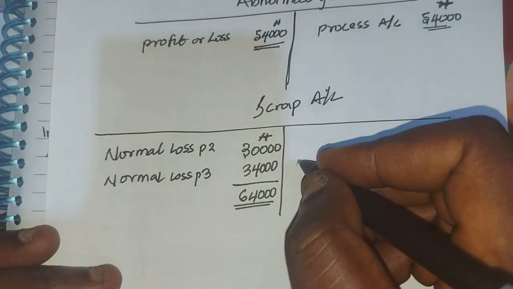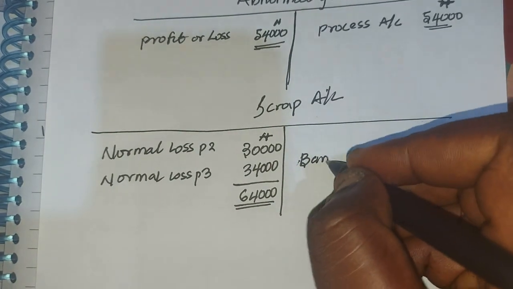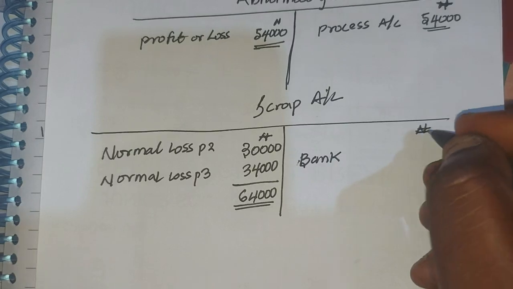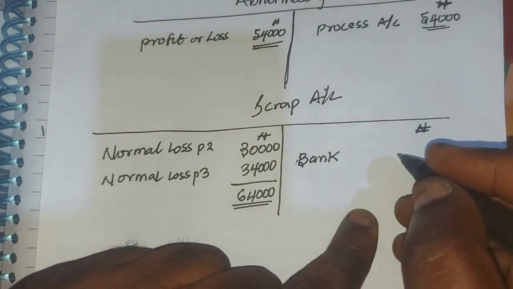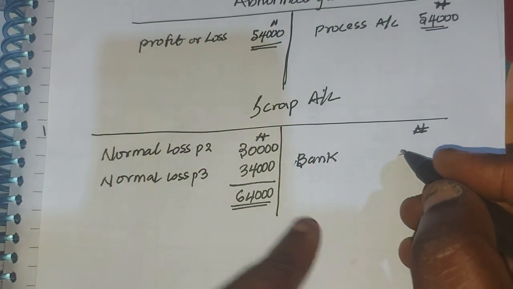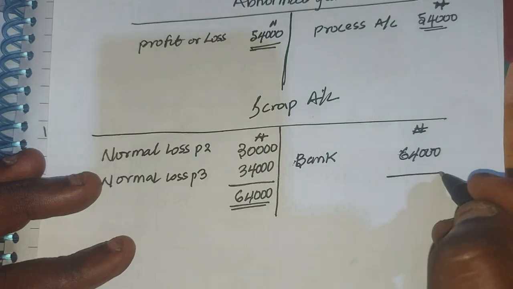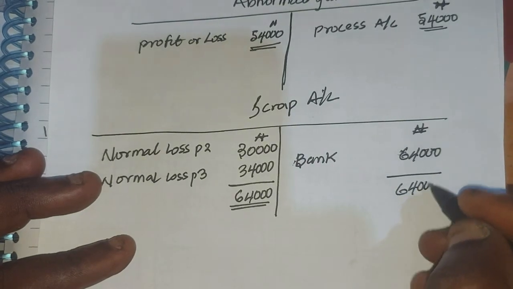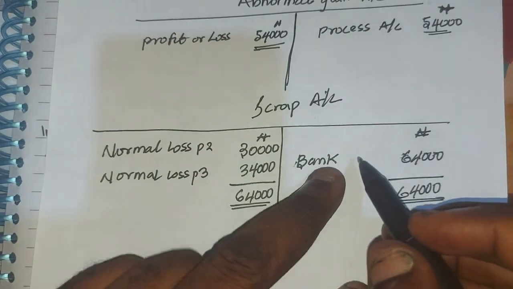Then you credit bank. If the money is collected in cash or by check, you write bank and debit the bank account 64,000. But if the money has not been collected, it's still with the debtor, so you write the debtor's name.